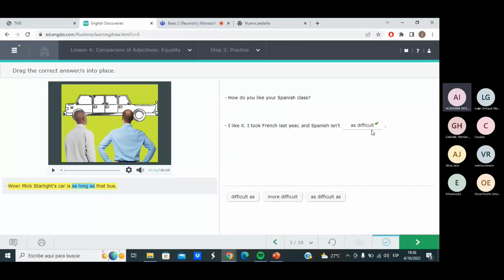Pero la podemos cambiar y puede ser como Spanish isn't as difficult as French. Pero como antes ya tengo el contexto, ya no es necesario ponerlo aquí otra vez, porque repetiría lo mismo. I took French last year, and Spanish isn't as difficult as French. Puedo decirlo, pero también puedo omitirlo porque ya lo mencioné aquí.